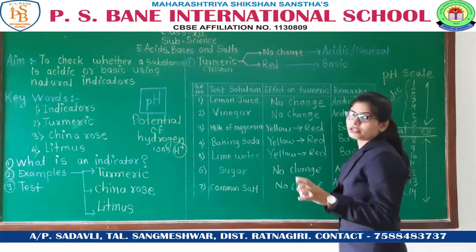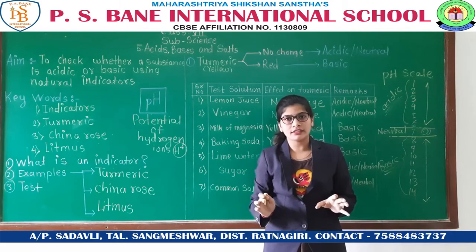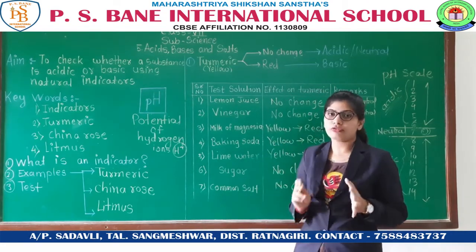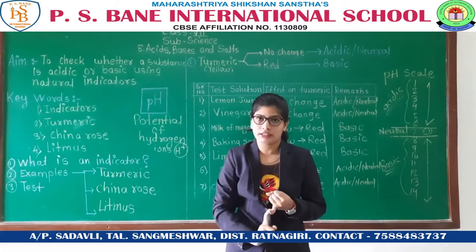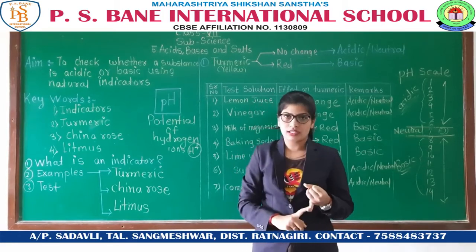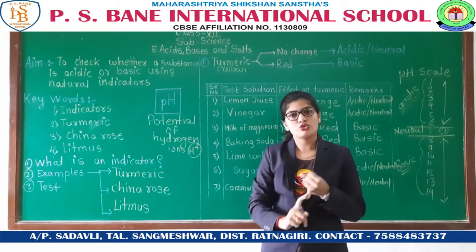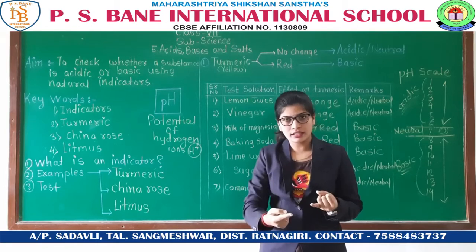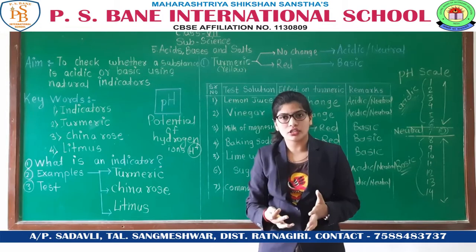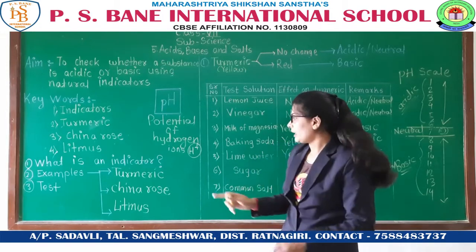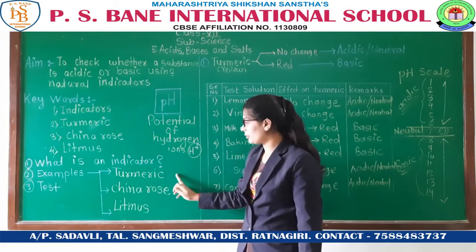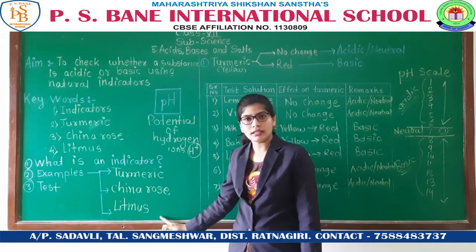So understood about turmeric as a natural indicator. Understood what we have learned in this session? First thing we have learned about the indicators. What are indicators? Indicators are the substances that we use to check whether the solution is acidic or basic, means its nature. Then we have learned 3 examples of natural indicators: turmeric, China rose and litmus.